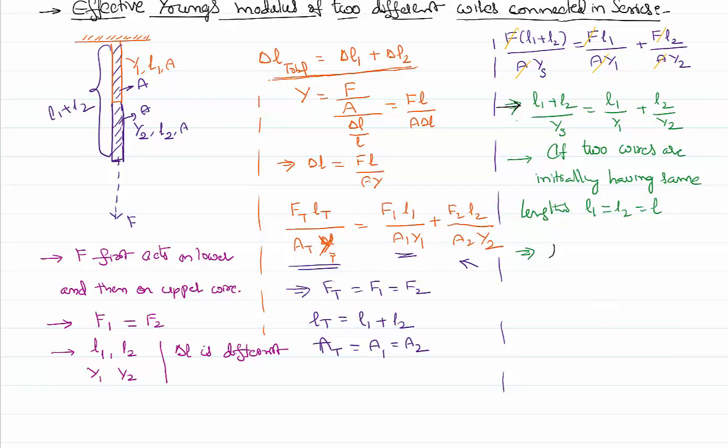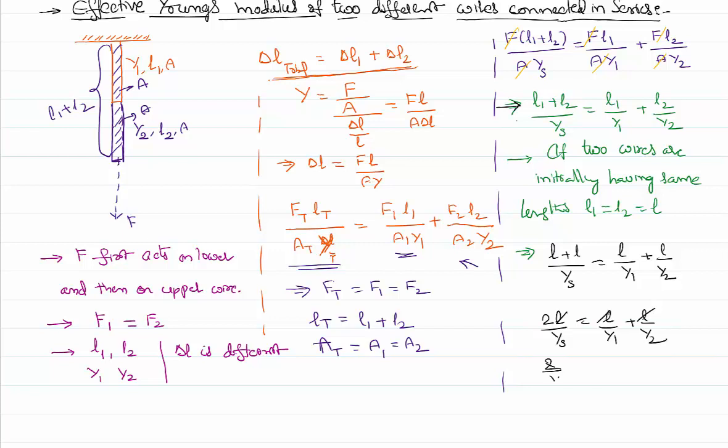How does it change? L1 is L, L2 is also L. So 2L by Y series equals L by Y1 plus L by Y2. The L can be cancelled.